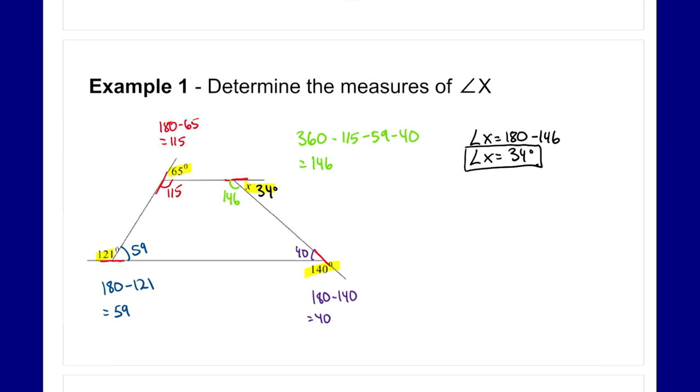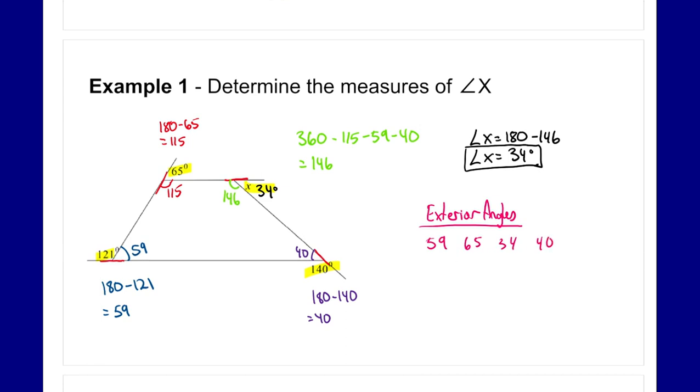And what do we notice? Well, if we look at our exterior angles, we have 59, we have 65, we have 34, and we have 140.